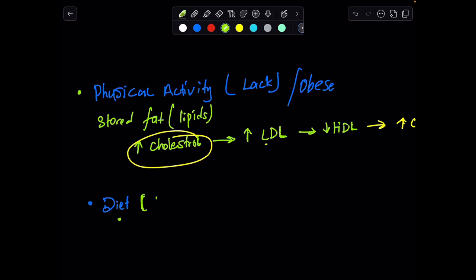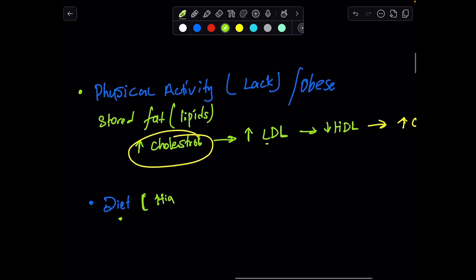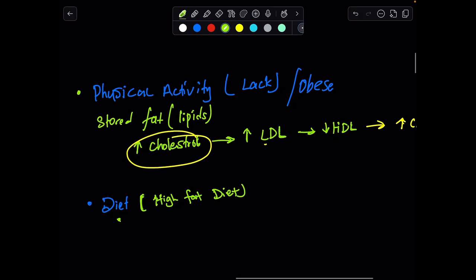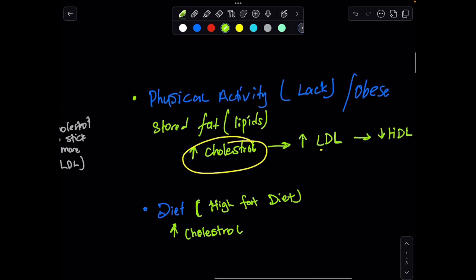If you're eating a high fat diet, which we don't want, right, guys? We don't want a diet high in fat, because if we have a diet high in fat, we have what? More cholesterol in the body. Sorry, guys, my handwriting is messy. More cholesterol in the body, right?